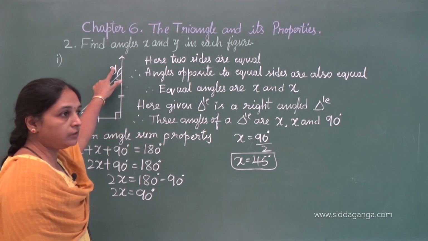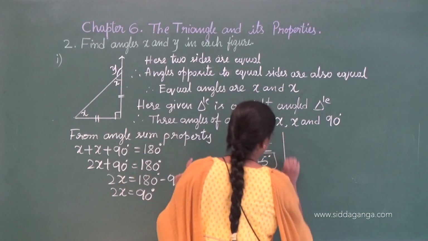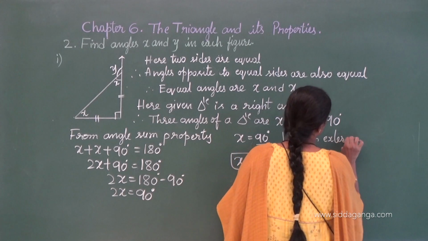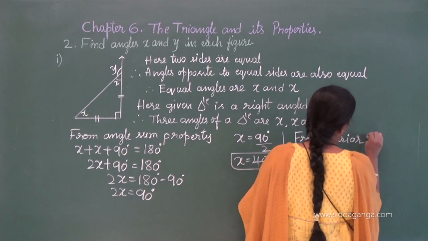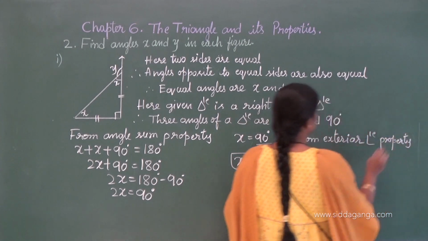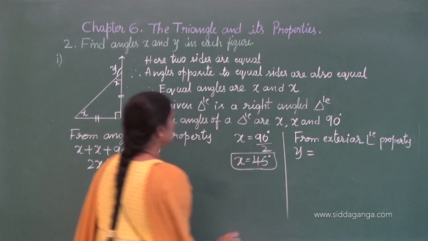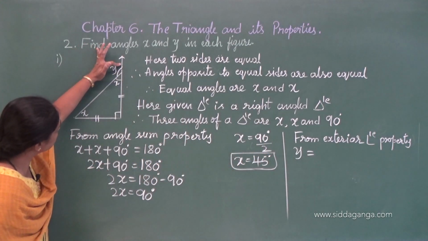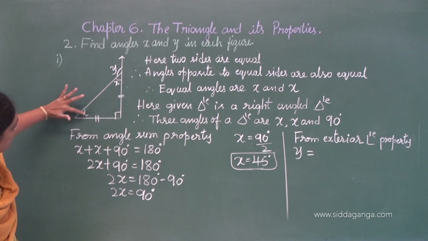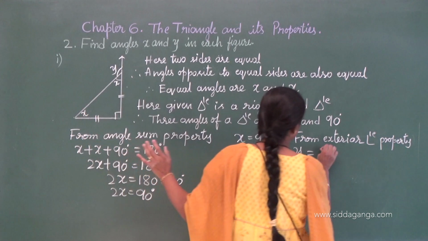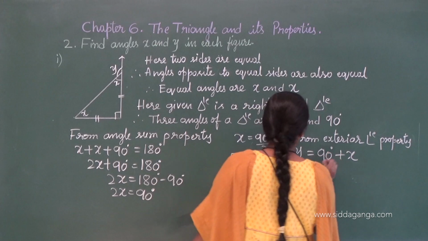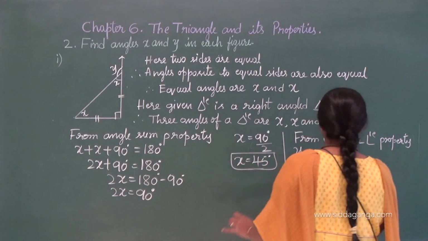So here we have to find the value of y. Then from the exterior angle property, what can we write? y is equal to the sum of the interior opposite angles, that is 90 degree plus x. y is equal to 90 degree plus what is the value of x here?